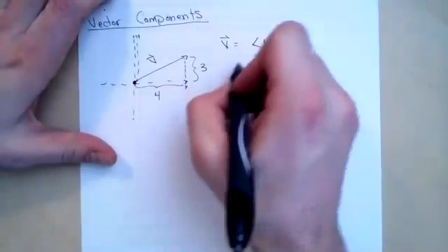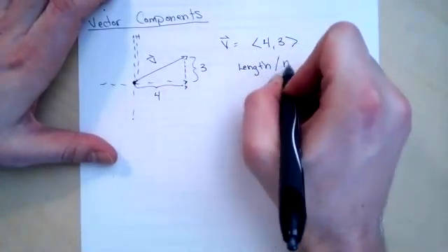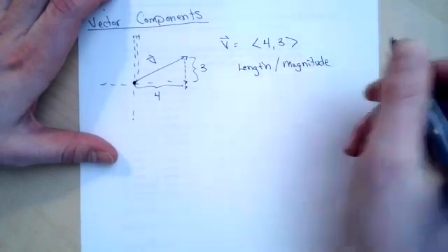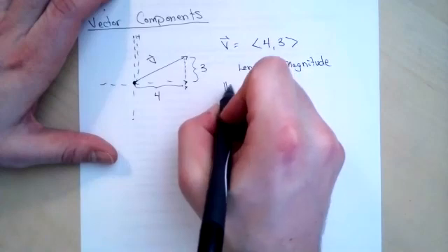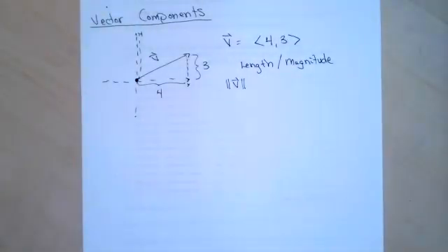In terms of the length or magnitude, we describe that by these double lines. It's like an absolute value, but doubled, just to indicate that we are taking the length of a vector.